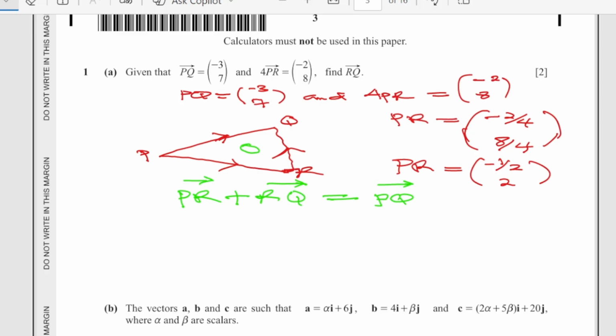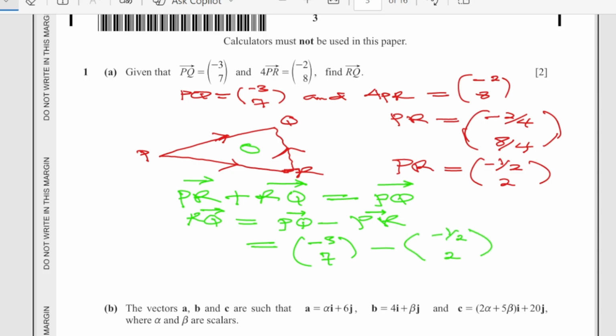Then by substitution, since we are looking for RQ, I can make RQ the subject of the formula. RQ will be equal to PQ minus PR. Alright, by substitution, PQ is given as the column -3, 7, minus, since I was able to find my PR, I can put the PR as -1/2, 2.